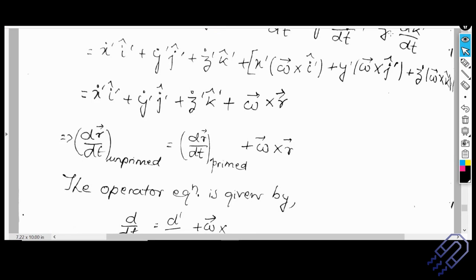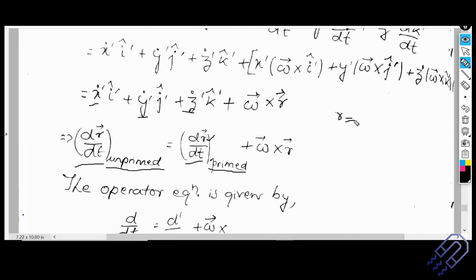So we write it down in simple terms. dr by dt in the unprimed system is equal to dr by dt in the primed system, so this is x dot dash, y dot dash, z dot dash. It is all d by dt, and this is nothing but x dash i dash, y dash j dash, z dash k dash, which is again nothing but r.